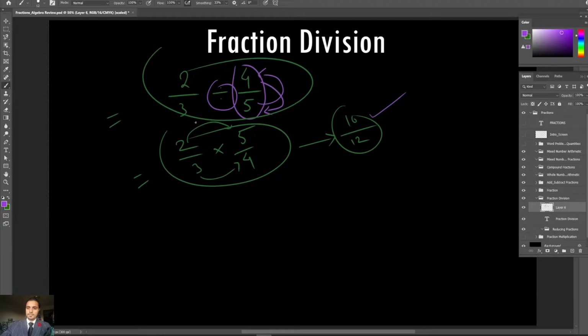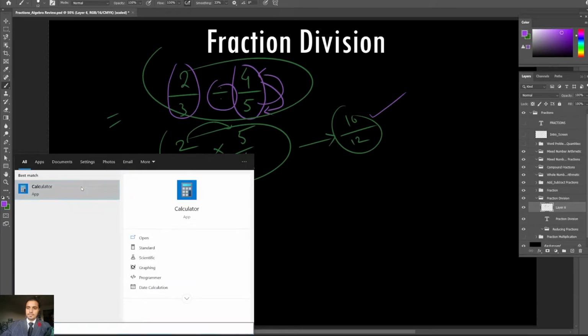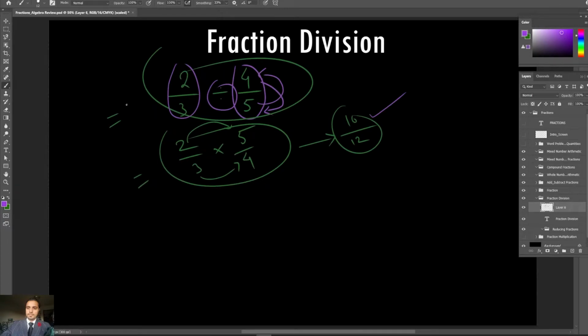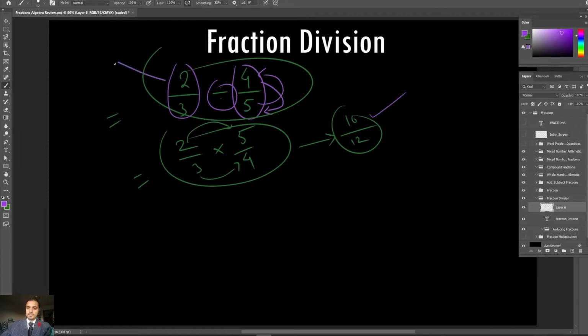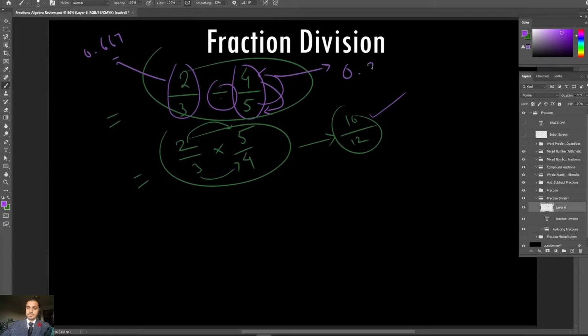Now, if you wanted to check if these two are equal, first of all, you'll have to figure out what 2 over 3 is. 2 over 3 is 0.667, and 4 over 5 is 0.8.